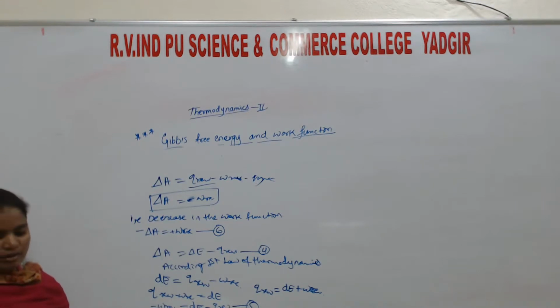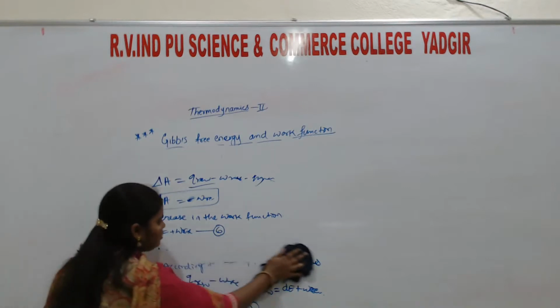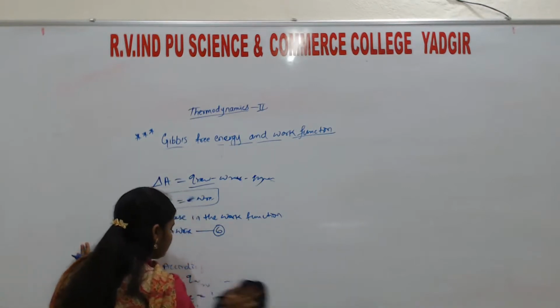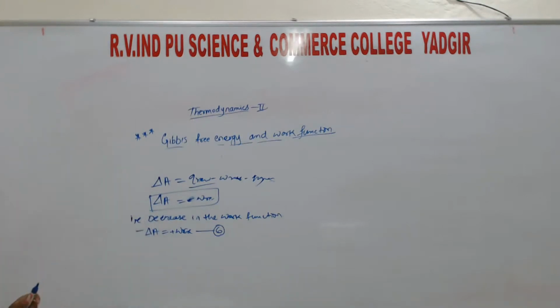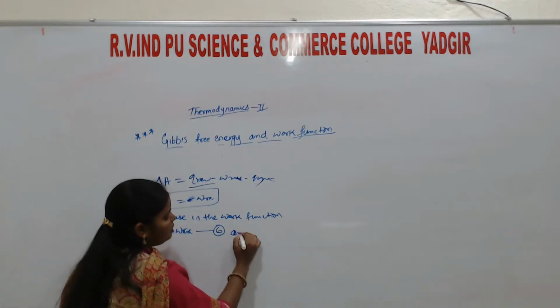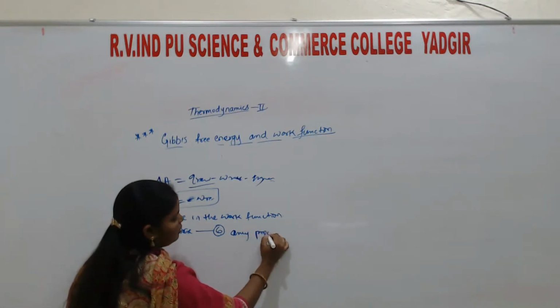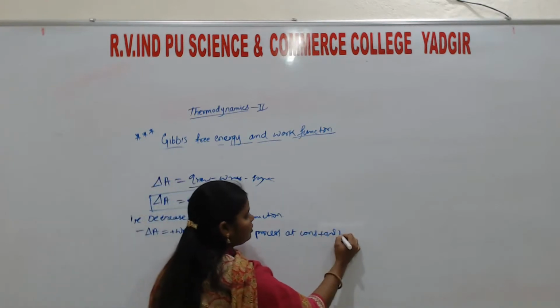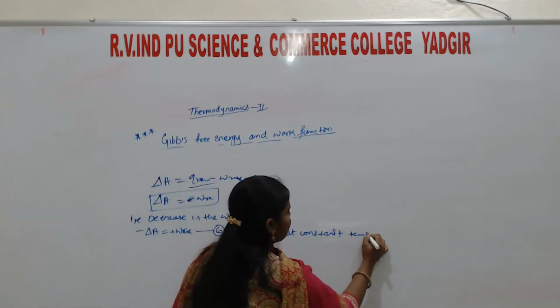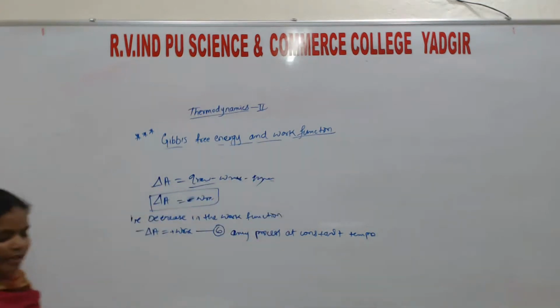Equation number 6 says that any process at constant temperature gives the maximum work obtained from the system.